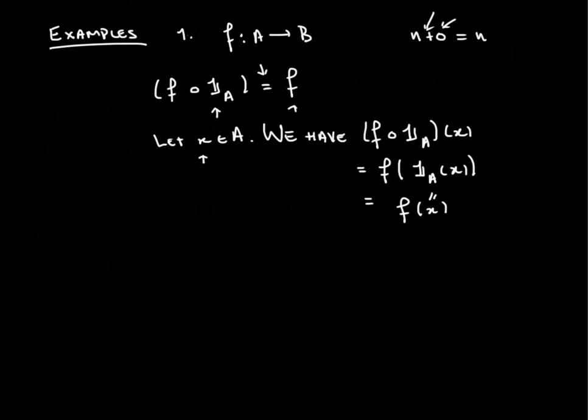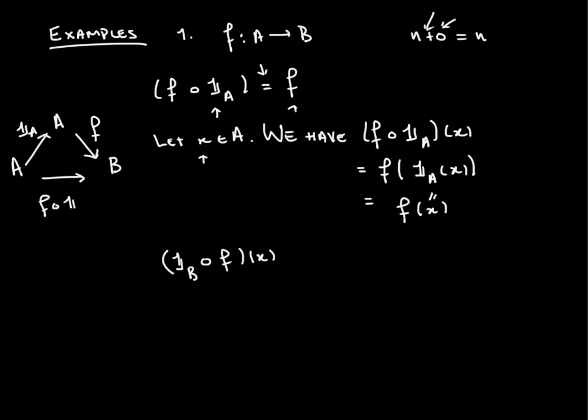If we wanted to switch the order, have f as our first function and then the identity function on the left side, we would need to have the identity of B on B. In the first case, we have A and the identity of A, and then we have f that sends A to B, and this is our composition, f circle the identity.